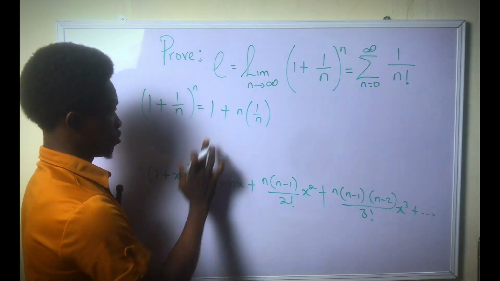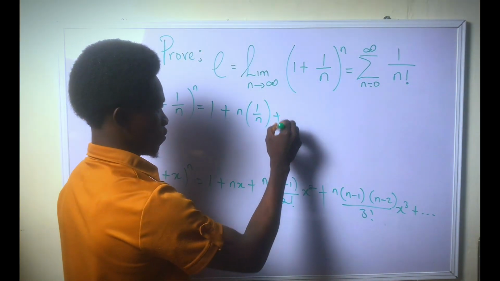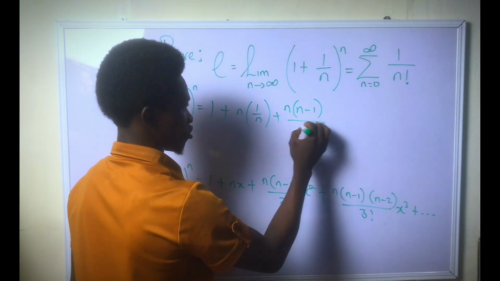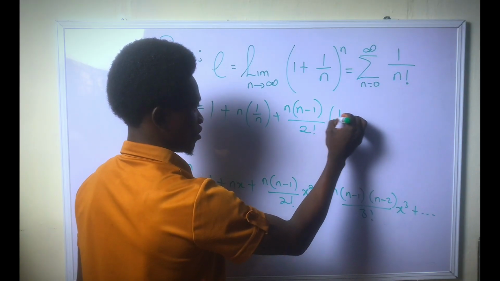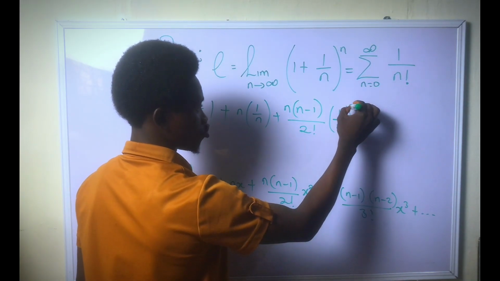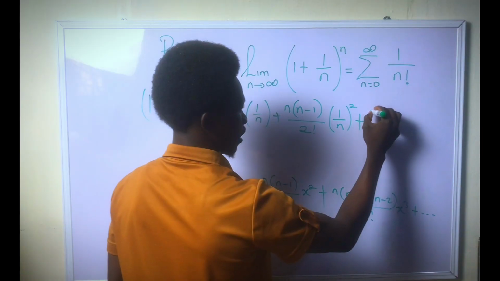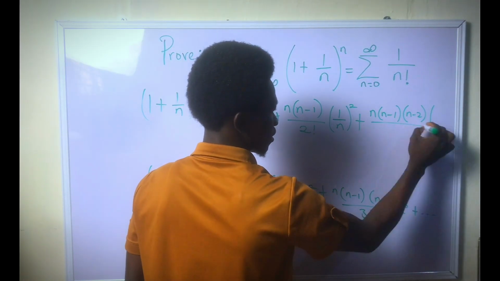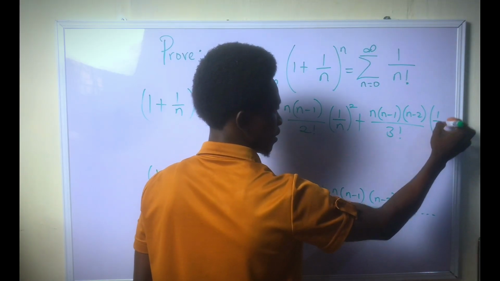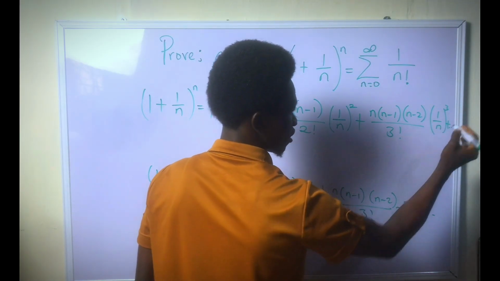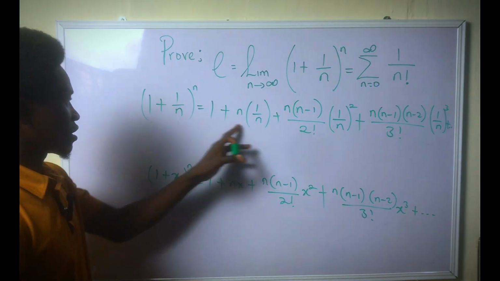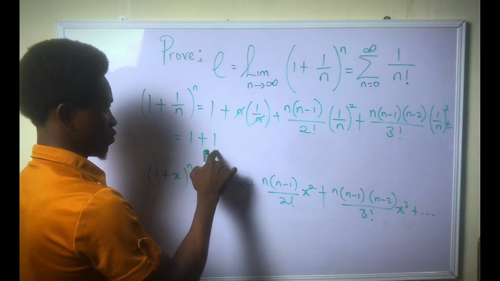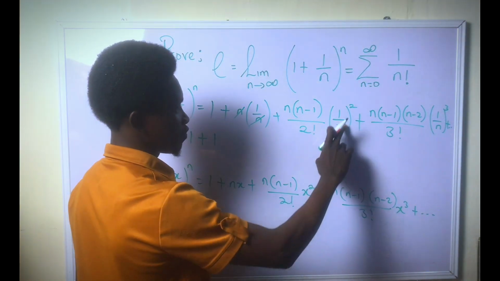So yes, 1 then plus nx, where my n is still my n, into n minus 1 over 2 factorial. Then my x here is 1 over n to the power of 2, then plus n into n minus 1, n minus 2, over 3 factorial, 1 over n cubed, then on and on. All right, so if this cancels this, I would have 1 plus 1, because this cancels this here, this 1. Then this is going to be 1 over n squared.